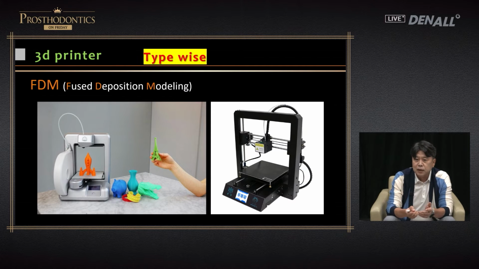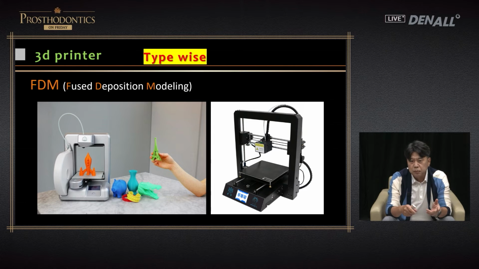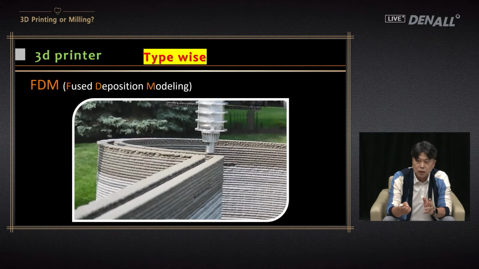FDM, when you go to a supermarket, you see a 3D printer printing out figures or toys. A filament is rolled up using a nozzle. It is printed out. The nozzle has become finer, so the method has been stabilized. It is not just printing out toys, it is very much used in the dental area as well.